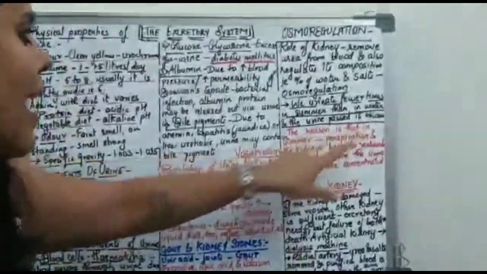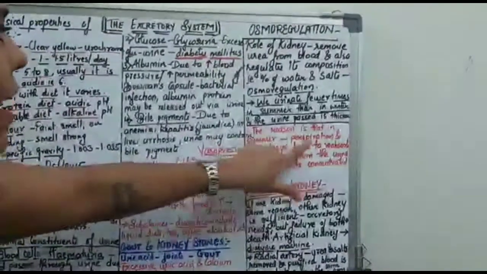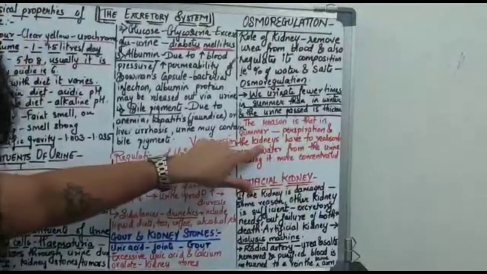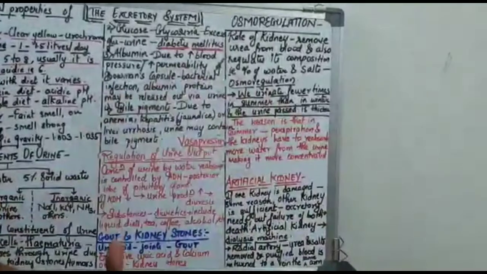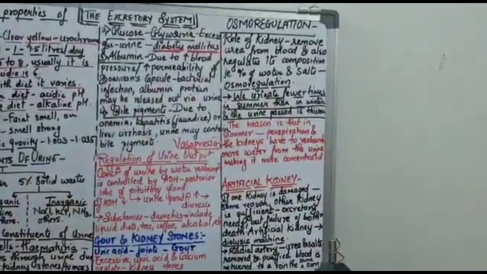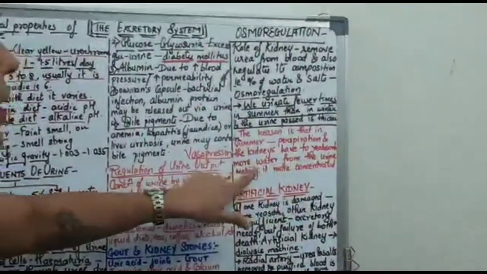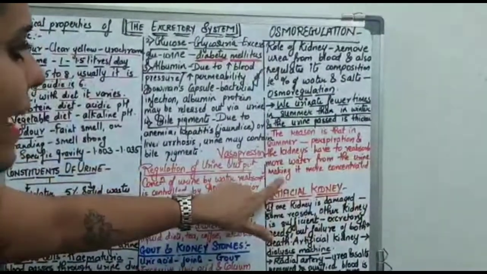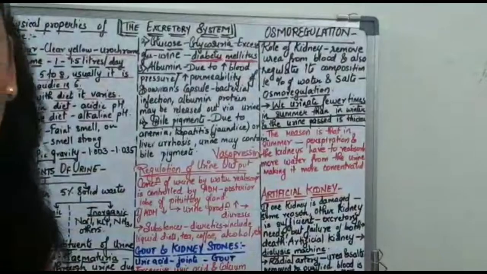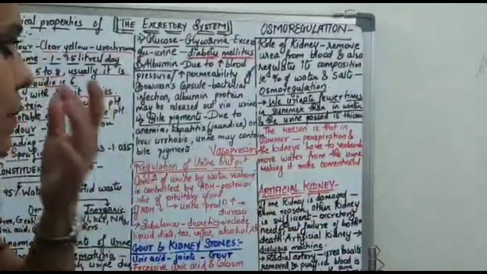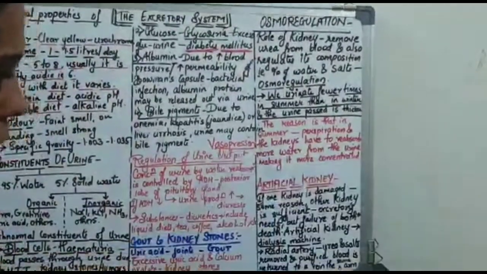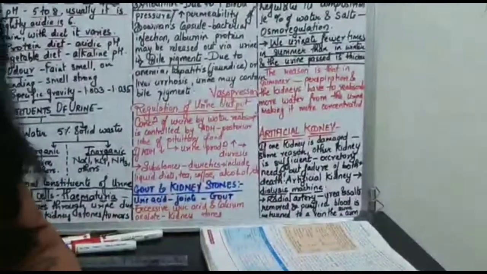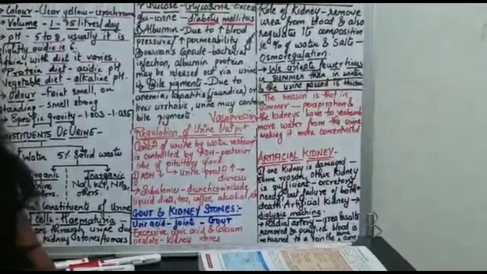The reason is that in summers we perspire more, as in we sweat more, right? And the kidneys have to reabsorb more water from the urine, making it more concentrated. That's the reason. There's also mentioned over here the case of people who suffer from cholera.